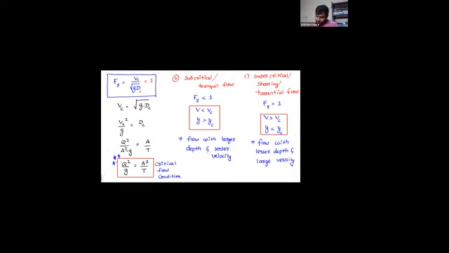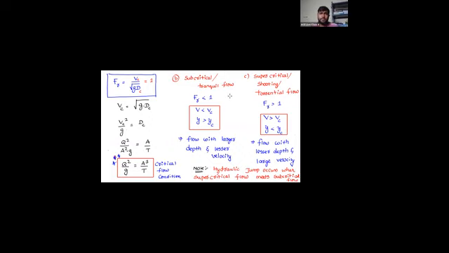So the note point here is: hydraulic jump occurs when supercritical flow meets subcritical flow. Sir, how come you say whether it is supercritical or subcritical, sir?